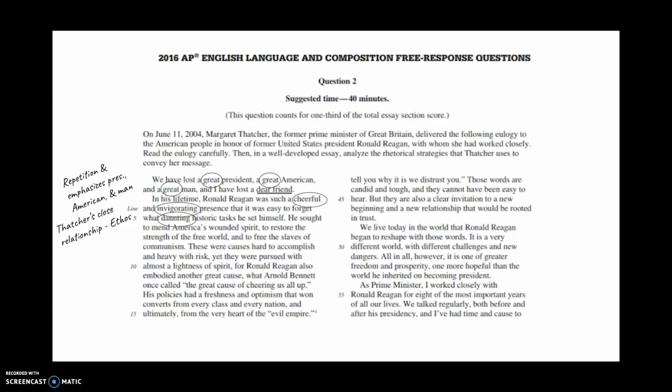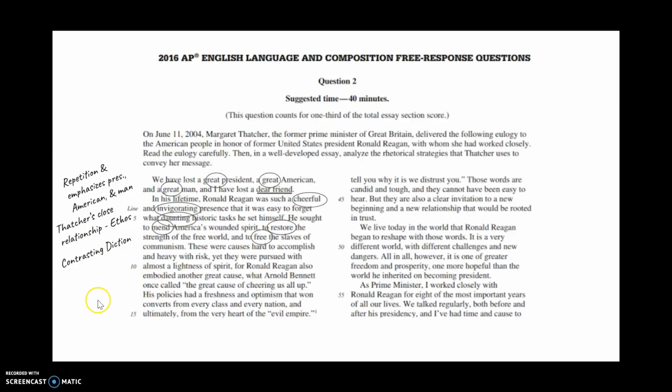Next, we move on to contrasting diction. We have cheerful and invigorating, which are positively connotated words to describe Ronald Reagan. That contrasts the daunting, which has a negative connotation, history that he had to fight against, that he had to develop peace out of. Therefore we have contrasting diction that shows Ronald Reagan as being this amazing person in a very difficult time.